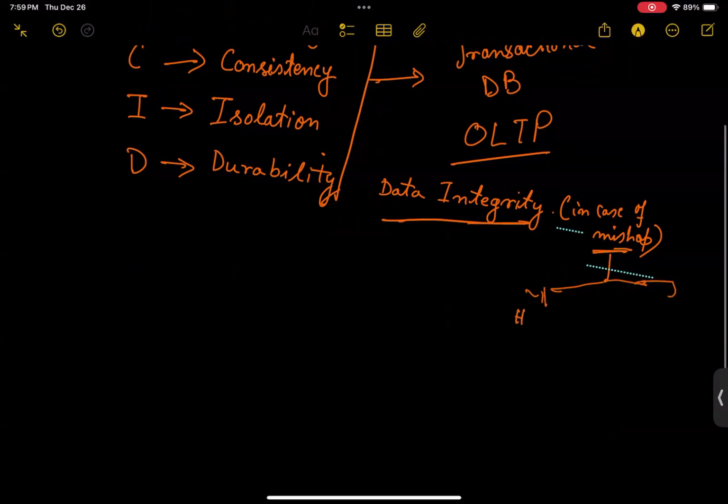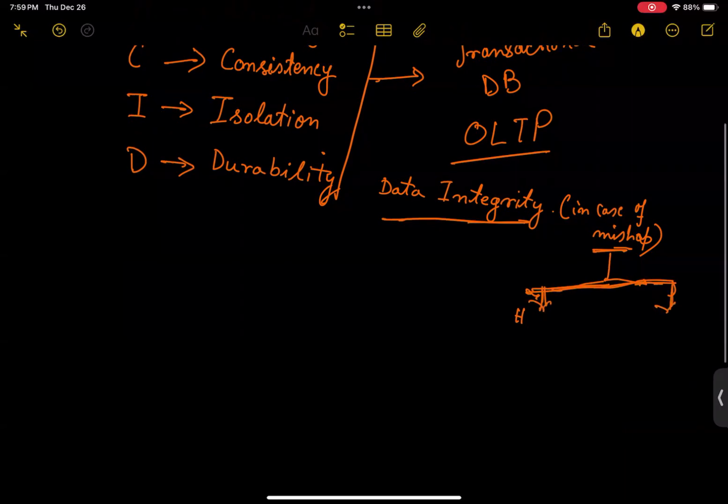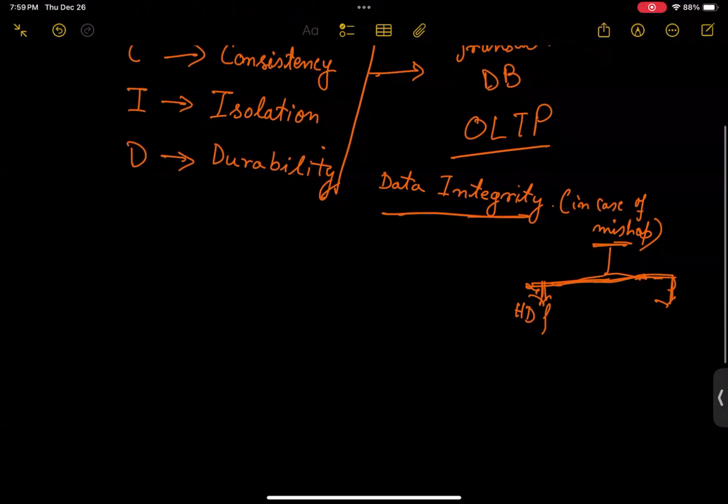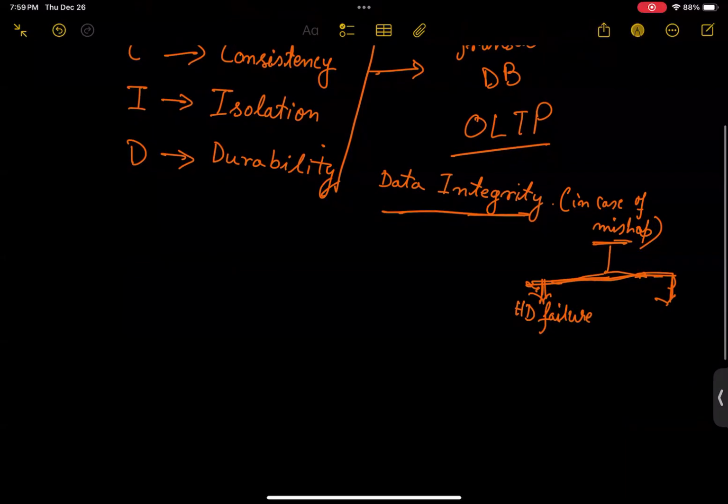Hard disk failure is one mishap, definitely. And then we can talk about, say, a power outage. Yes, power outage.